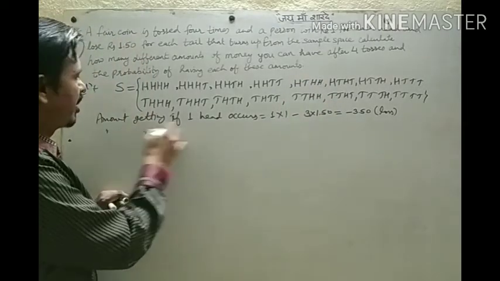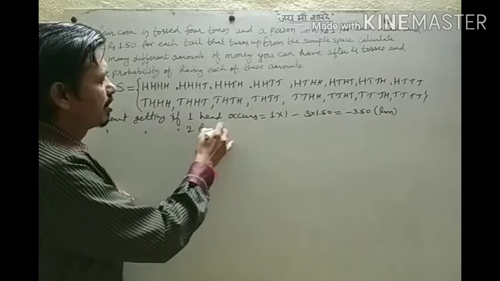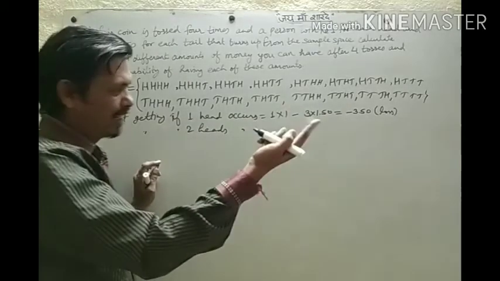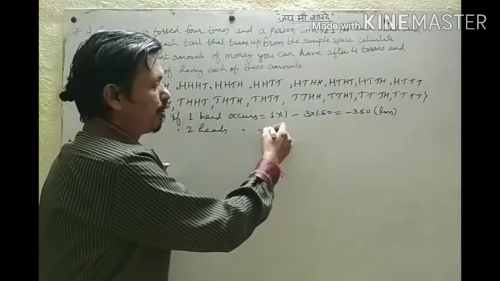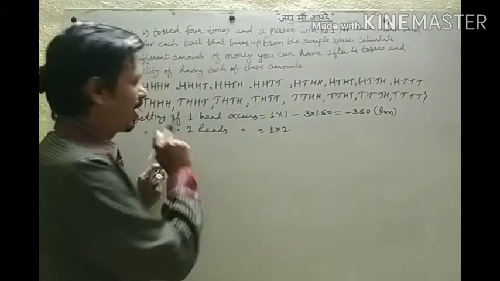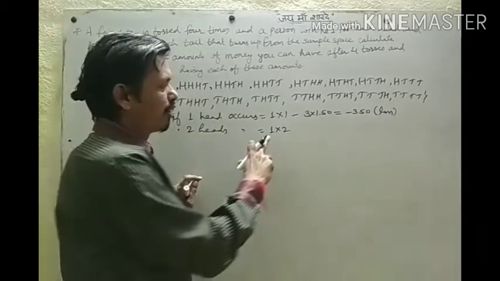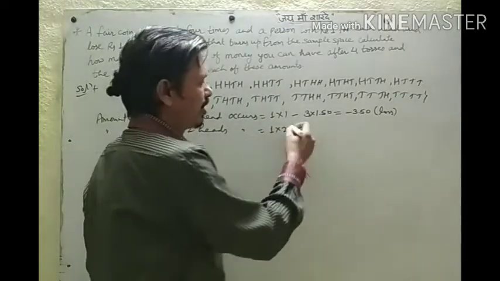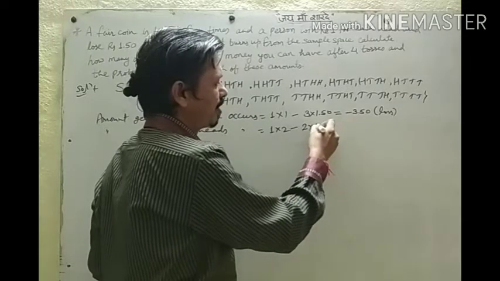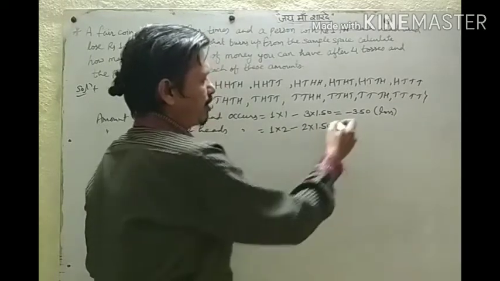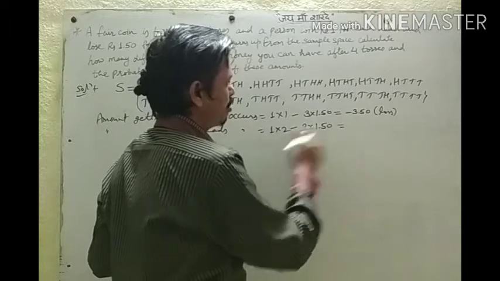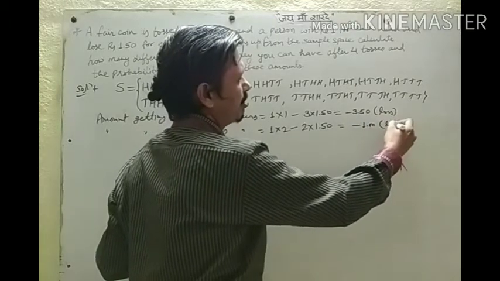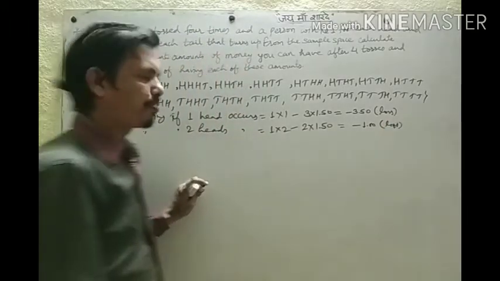Then the amount if 2 heads occur. 2 heads means 2 tails will be there. So 1 rupee for 1 head, 1 into 2 for 2 heads. Then 2 times you get tail, so 2 minus 3 means minus 1. Again it is a loss of 1 rupee.